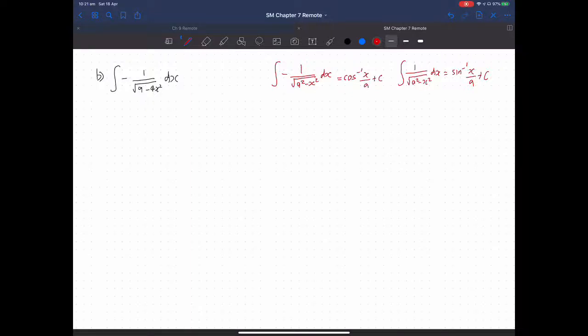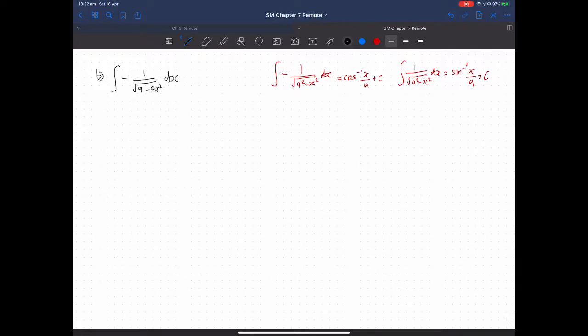In this example, again, you compare the question you've been given to your inverse circular function formulas. In this particular case, there are two ways in which you can get the correct answer. One of them will be in terms of inverse cosine, the other will be in terms of inverse sine.